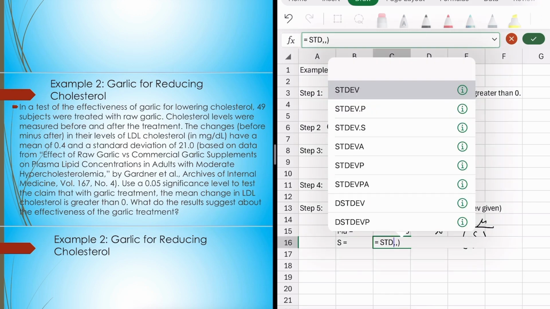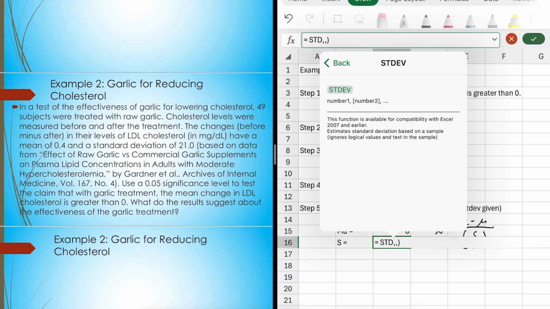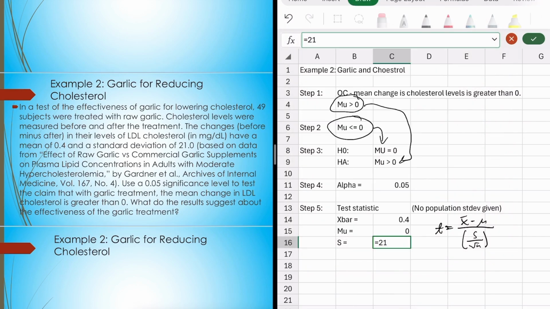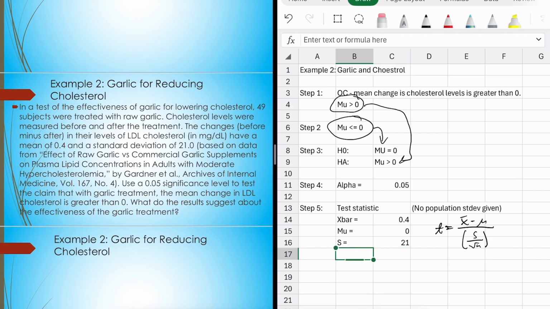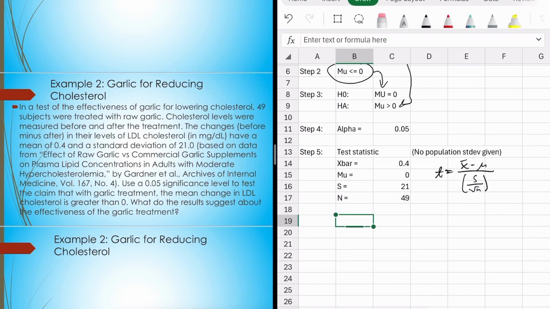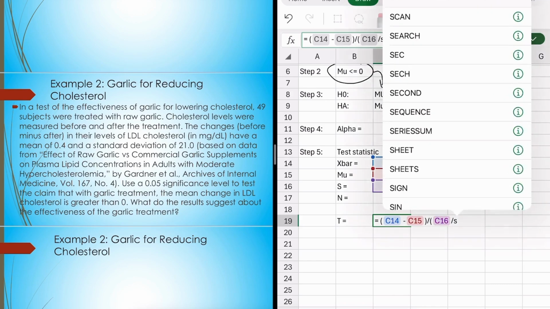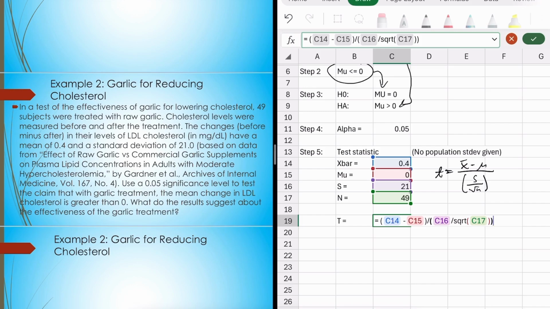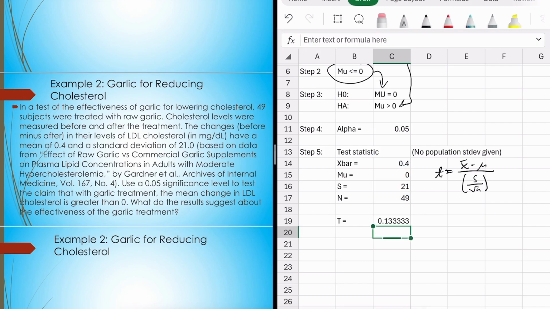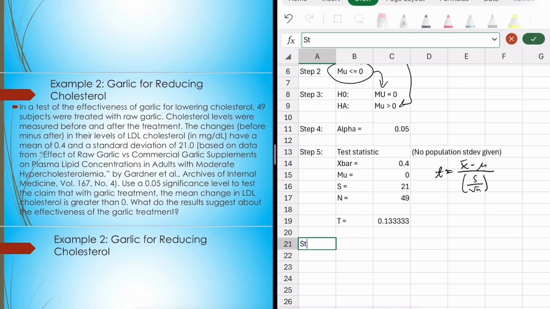The problem gives me the standard deviation equals 21.0. All right. N equals 49. Now we can compute our T statistic. T equals X bar minus mu divided by 21 divided by square root of N. All right, take a look, 0.3133.